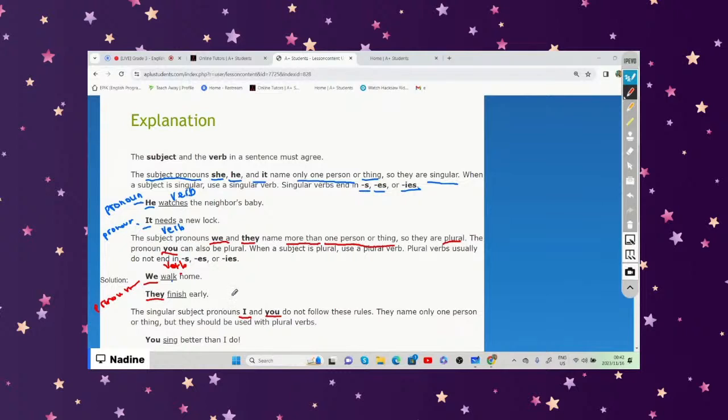So I and you need to be used with a plural verb. So we say that a singular subject pronoun does not follow the rules.